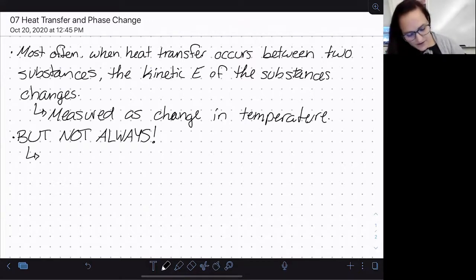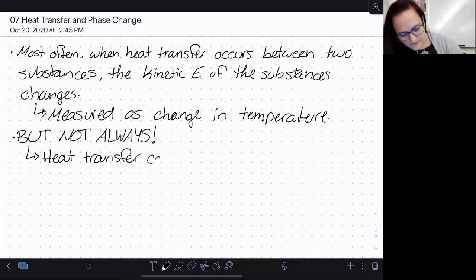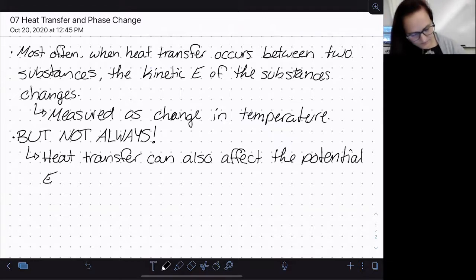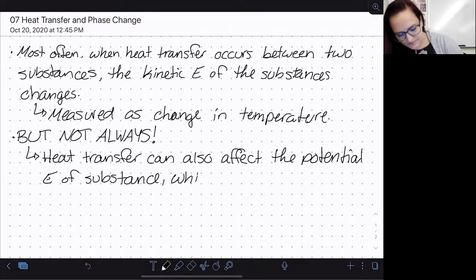So heat transfer can also affect the potential energy of a substance, which does not change the temperature.